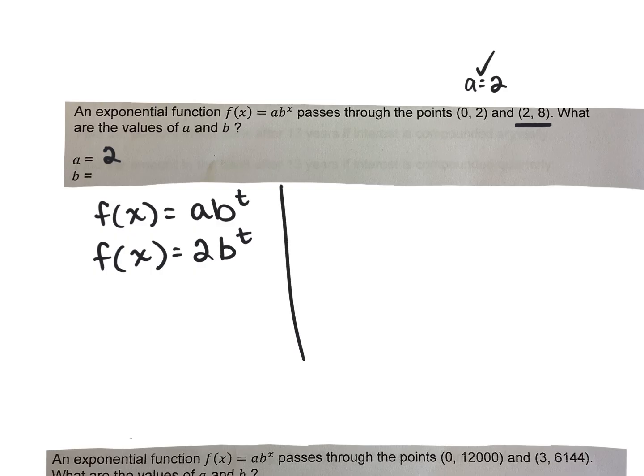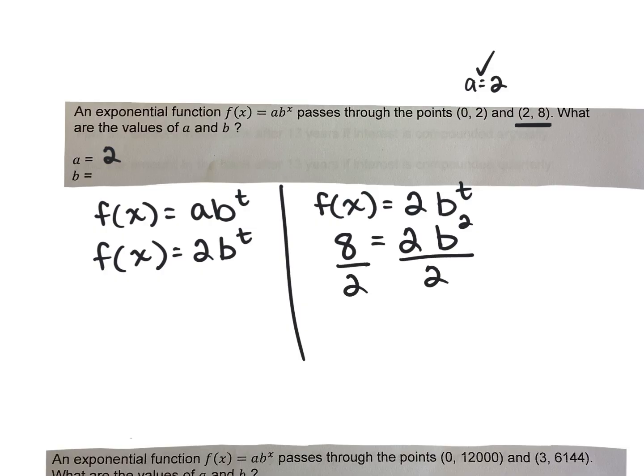So I have f of x is equal to 2 as my initial, and then b to the t power, and I'm going to plug this in. So my y value is 8, a is still 2, b is still b, and the time t is 2. So I'm going to divide by the front 2, so that gives me 4 is equal to b squared. And then if I take the square root of 4, I'm going to have b is equal to 2.